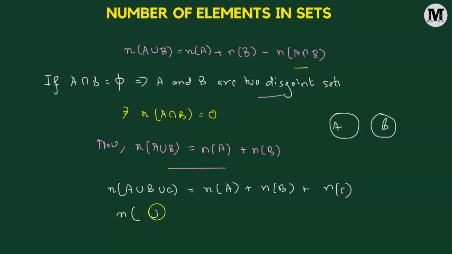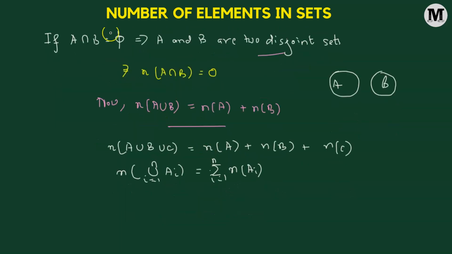So let's say we have the sets A sub i, where i goes from 1 to n. So we have, let's say, n number of sets and we're taking the union of each of the sets and we find out the total number of elements in each of the sets. Then this is simply going to be equal to the sum of the number of elements in the individual A sub i, where i goes from 1 to n.